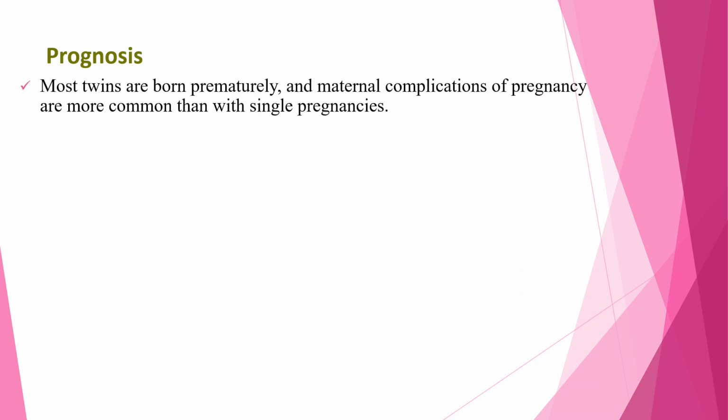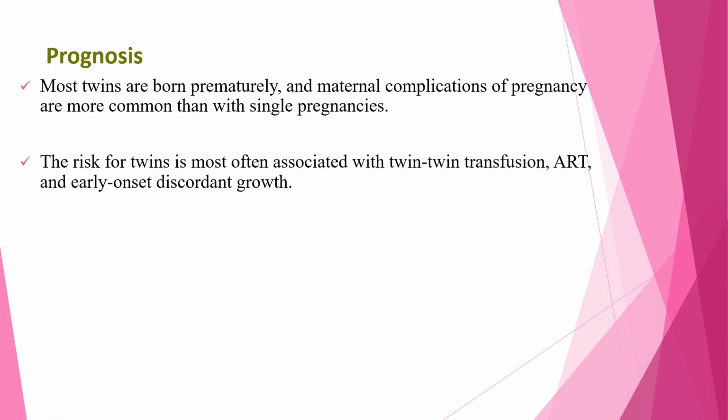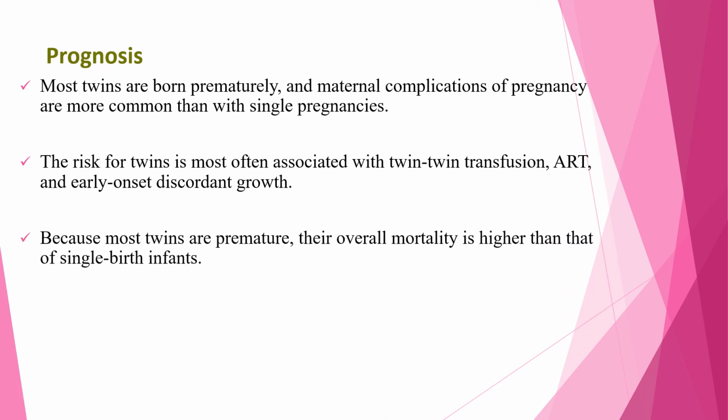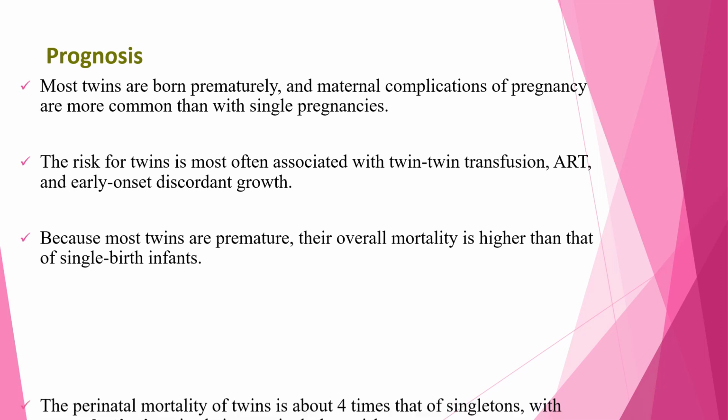Regarding prognosis, most twins are born prematurely, and the maternal complications of pregnancy are more common than with single pregnancies. The risk for twins is most often associated with twin-twin transfusion, assisted reproductive technology, and early onset discordant growth. Because most twins are premature, their overall mortality is higher than that of single-birth infants.